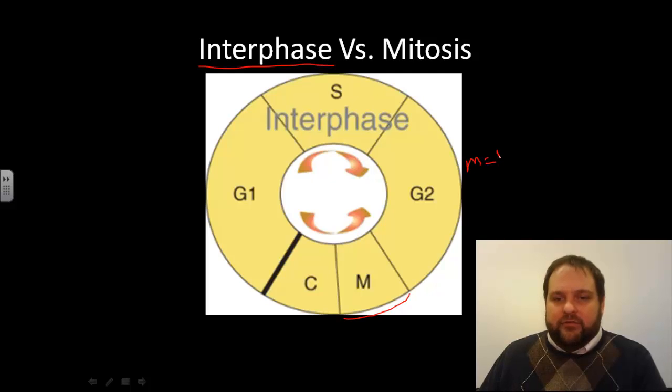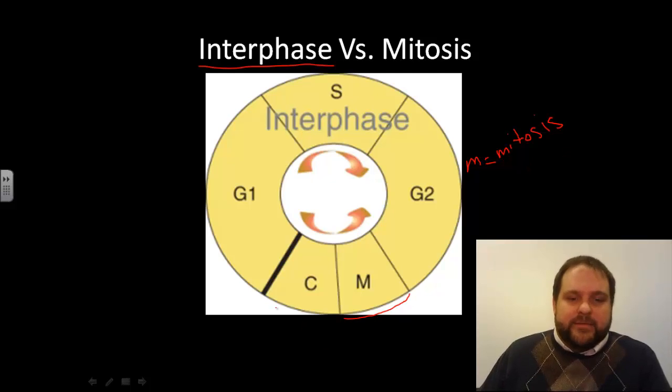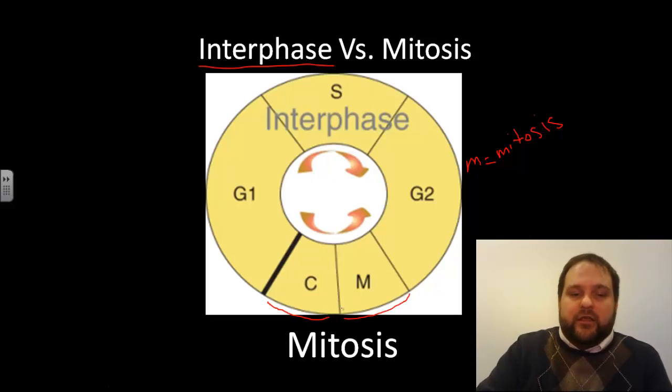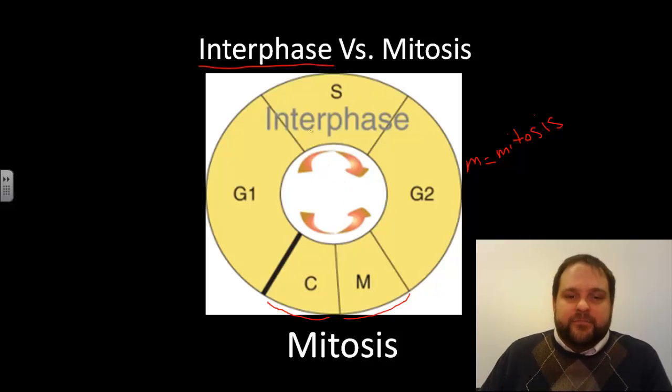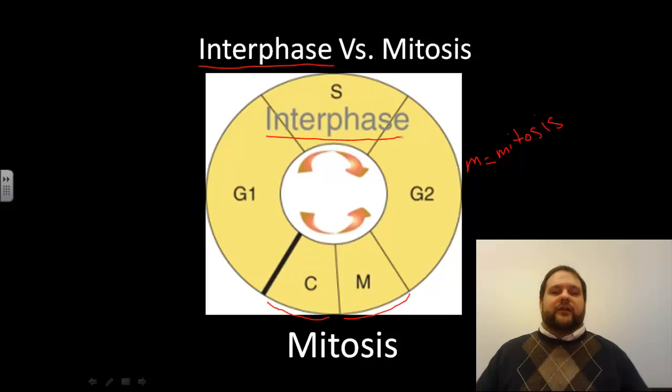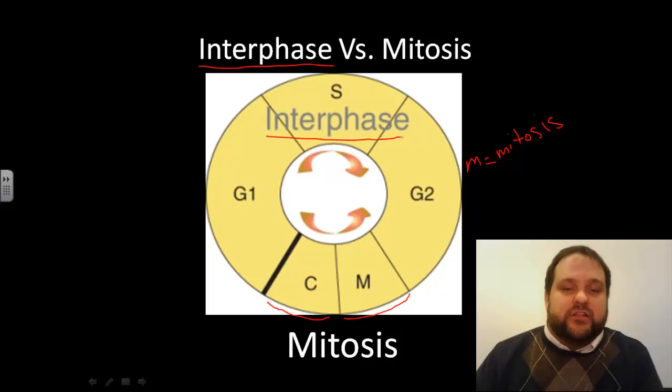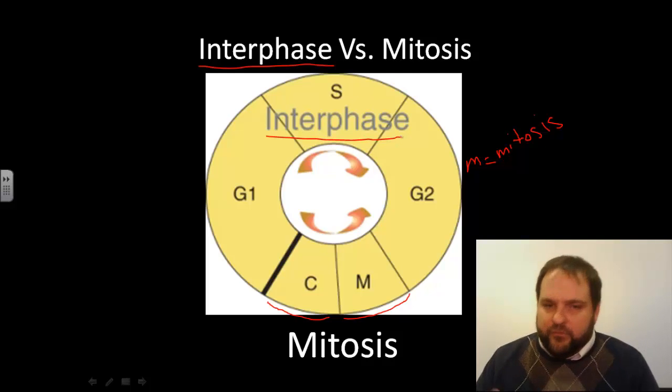So M equals mitosis. M stands for mitosis, and C stands for something called cytokinesis. These two phases are what we call mitosis, and the rest of it, G1, S, and G2, are all part of interphase. So interphase is the rest of the cell cycle other than mitosis.